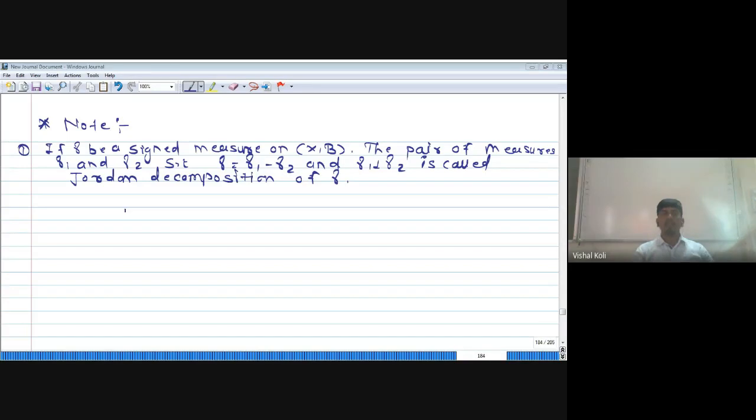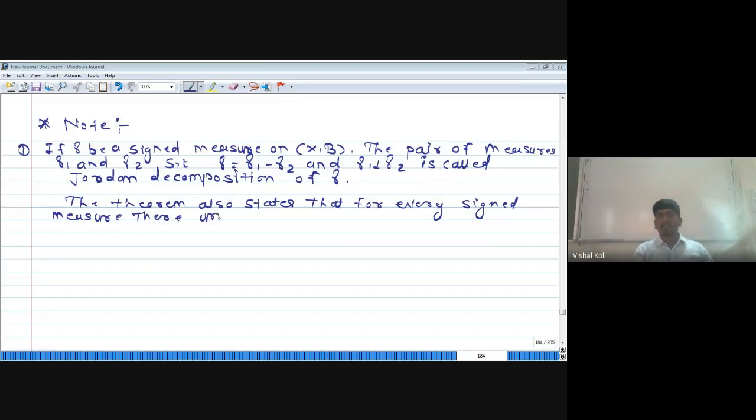And the Jordan decomposition theorem, that is the above theorem, also states that for every signed measure there is a unique Jordan decomposition.